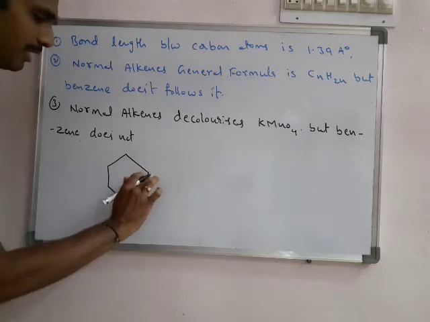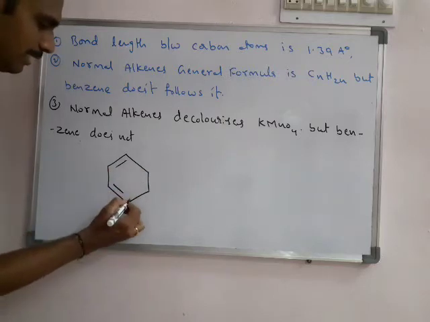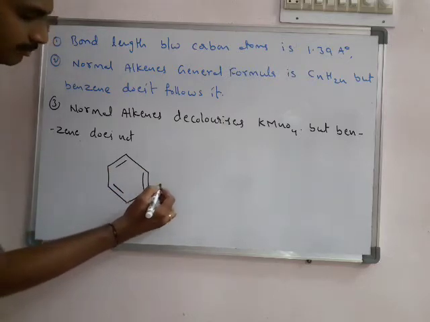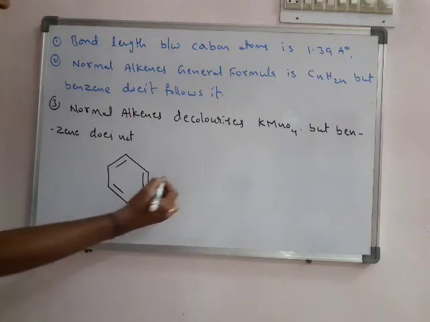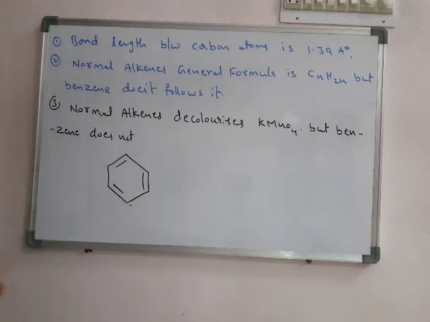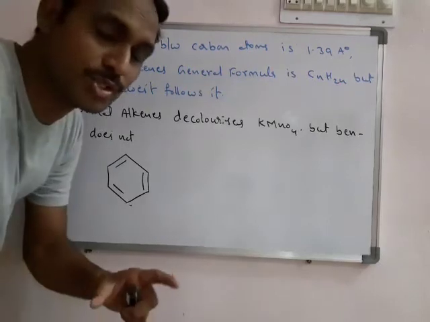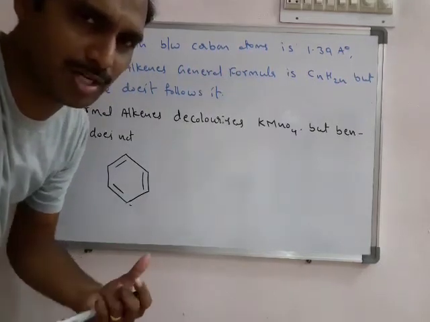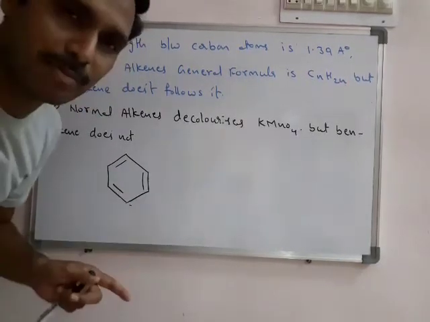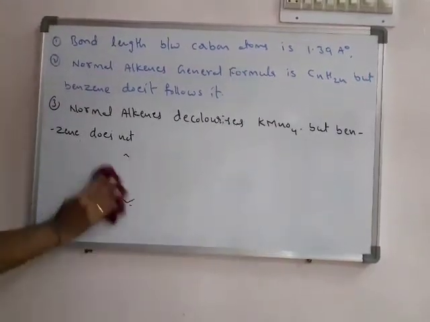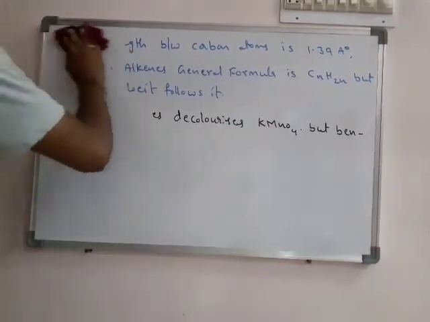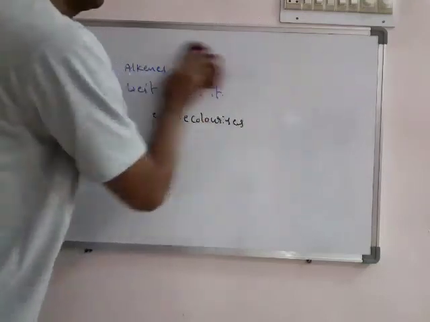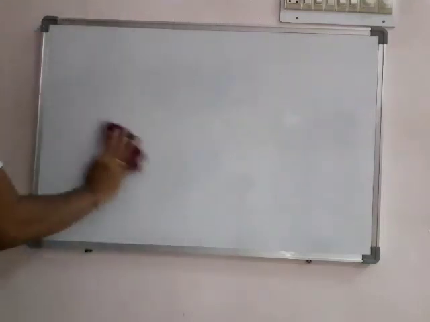Here one more thing I want to introduce: generally resonance structures take place due to the movement of pi bonded electrons. We know that the movement of pi bonded electrons. So write all the points.